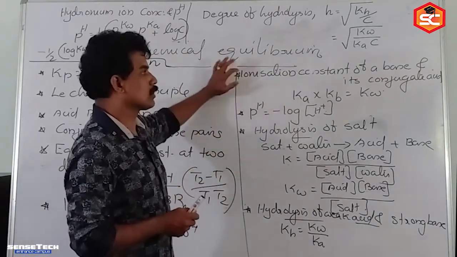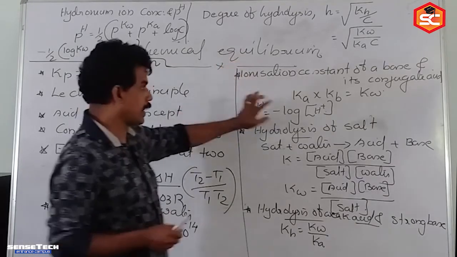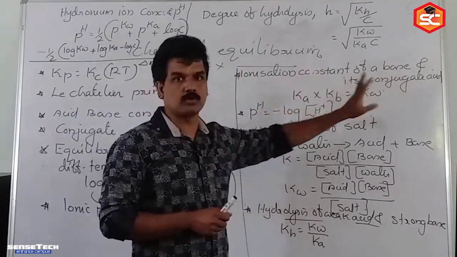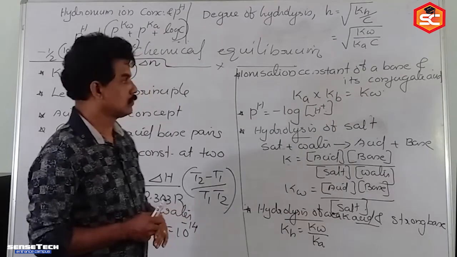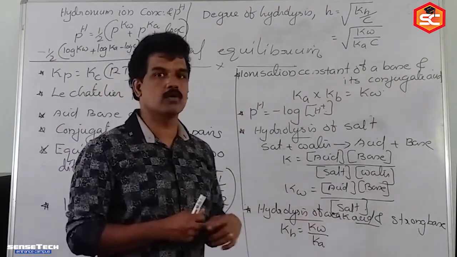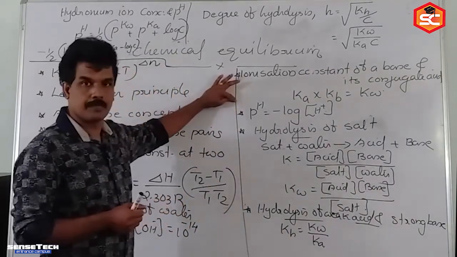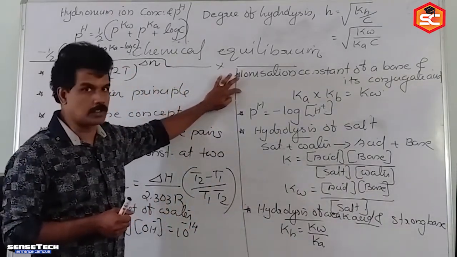Then the ionization constant of a base and its conjugate acid: Ka into Kb is always equal to Kw. Just like the ionic product of water, H plus ion concentration times OH minus ion concentration is equal to Kw. Then pH, the negative log of H plus ion concentration.